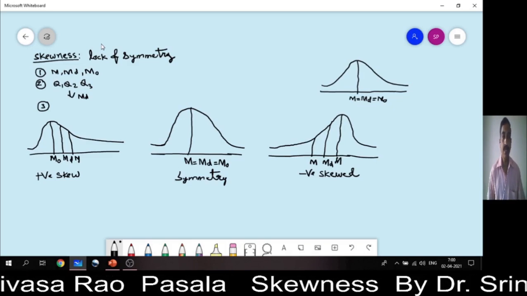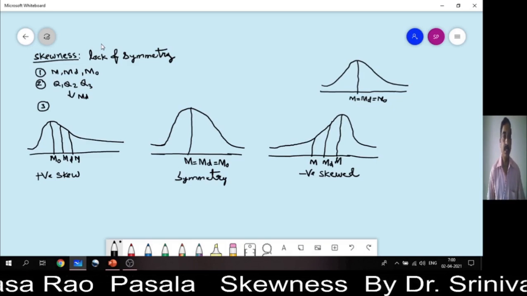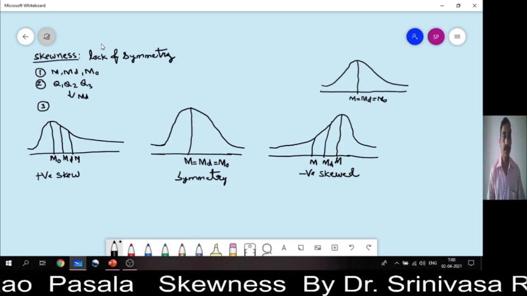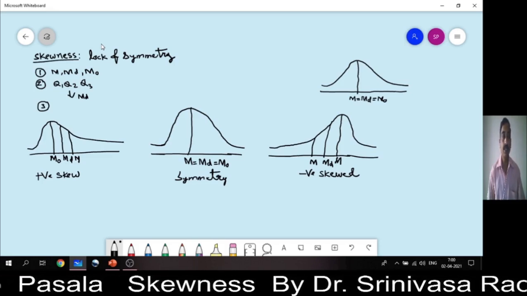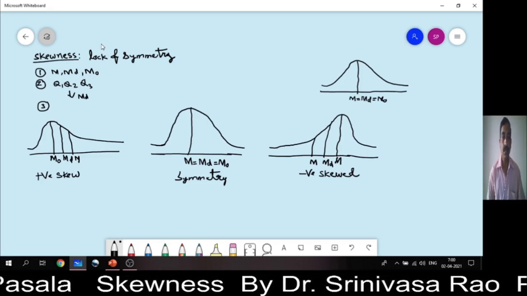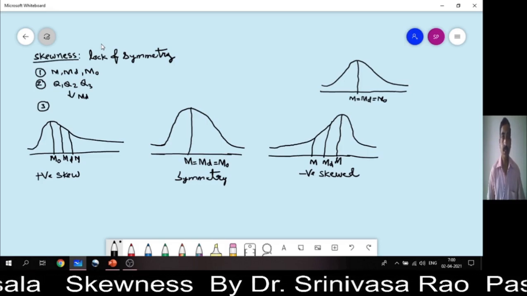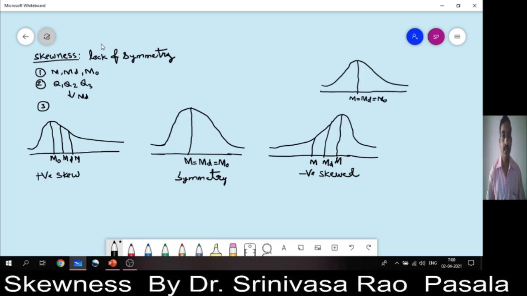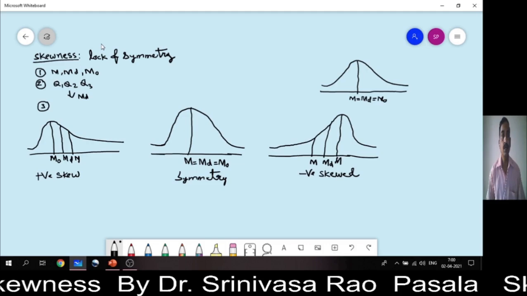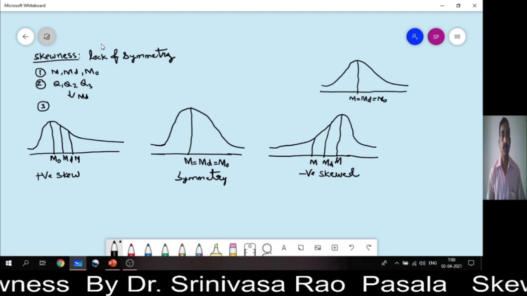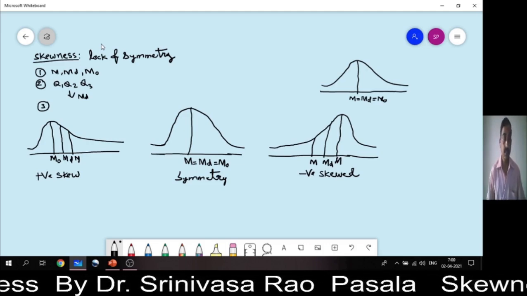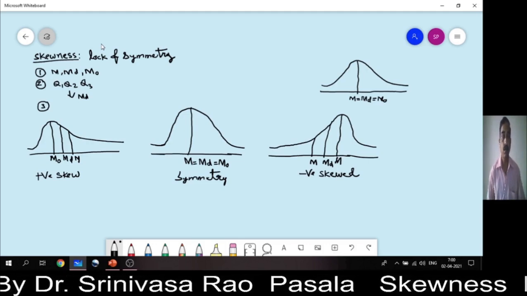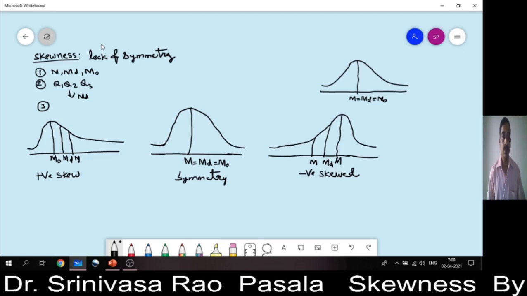Similarly, if the larger tail lies towards the lower values, that is, the left hand side, it is known as negative skewness. So by diagrammatic inspection, we have to know whether the distribution is symmetric or skewed, and if skewed, whether positive or negative. Now how can we measure it?